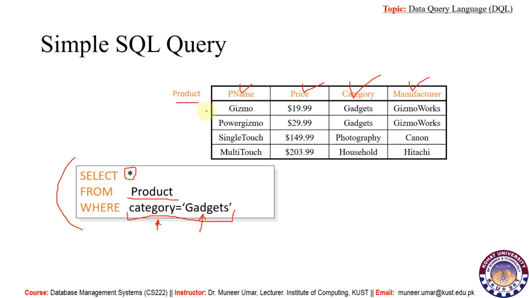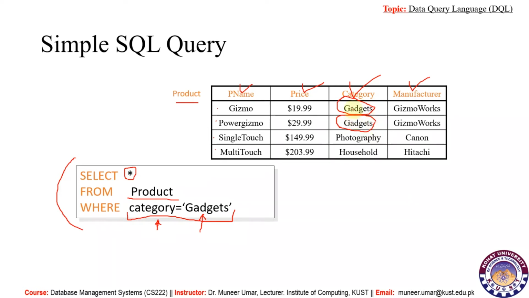So we have 4 records in this table. If you look into this query, it will give us the records where category is equal to gadgets. So here under category we have gadgets and gadgets.